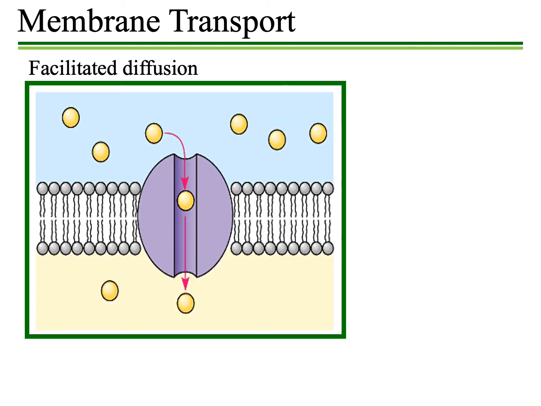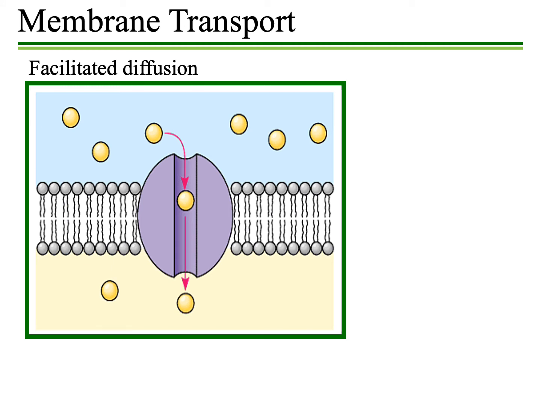Now, the last type of passive transport mechanism I want to discuss is something referred to as facilitated diffusion. And basically, it's what its name implies, that there is some facilitation or some help that's going to occur. The mechanism, however, is still a mechanism of diffusion: molecules moving from an area of high concentration to an area of low concentration.